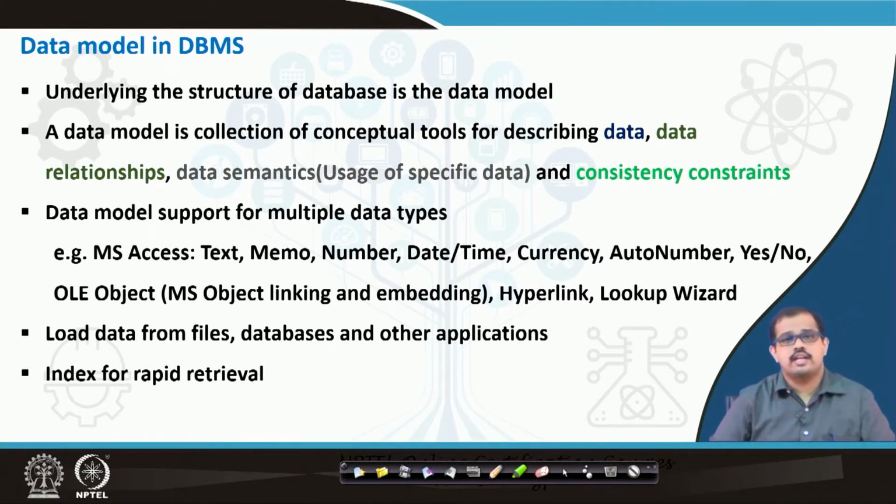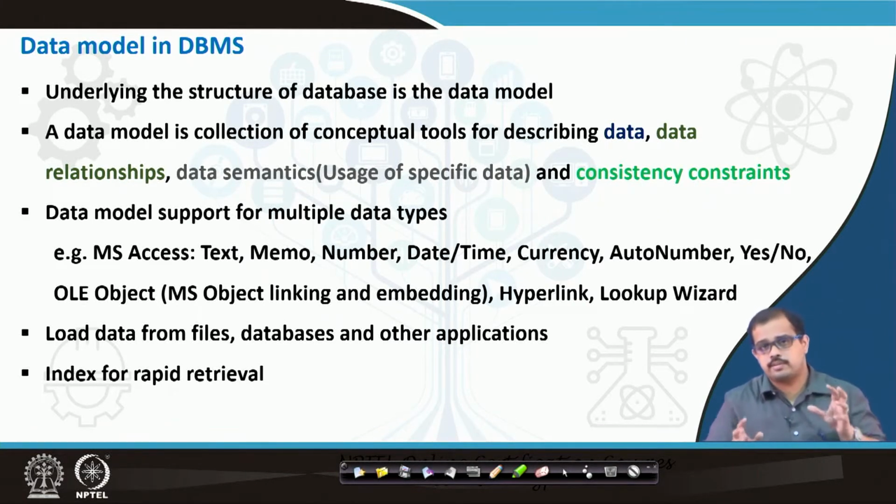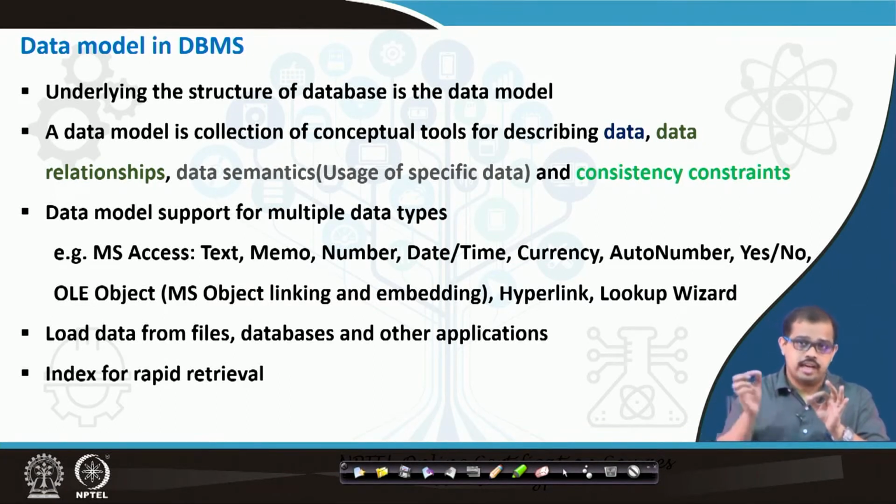A data model is a collection. So let's be very specific here. It is a collection of conceptual tools that describe data. So when you are speaking about data, there are tools that can describe data, describe data relationships, and describe data semantics.